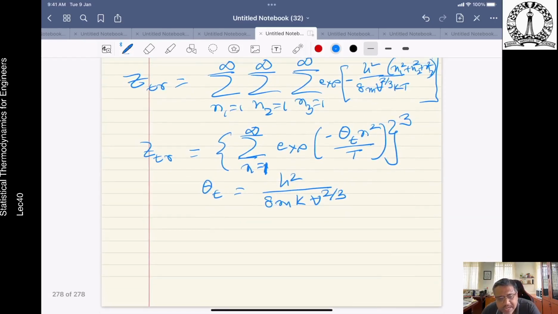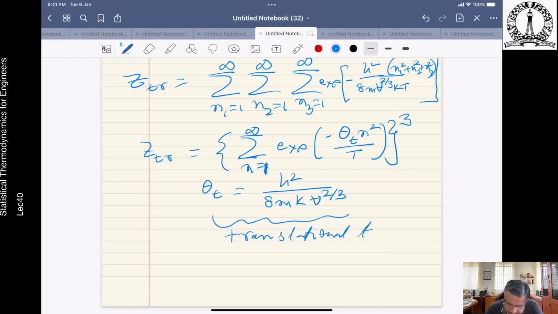So we have introduced what we call the translational temperature.